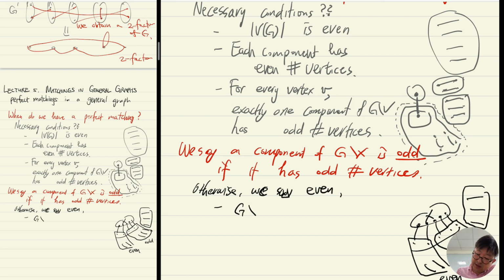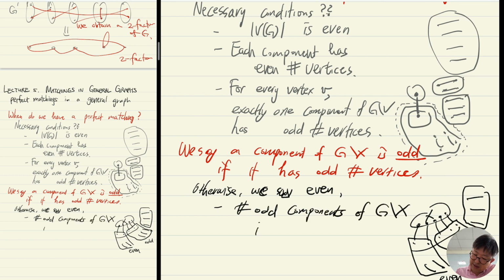Now, what we can observe is the following. The number of odd components of G delete X is at most the size of X, because you had these X many vertices that may screw the parity. All other components which do not contain any of these 5 vertices will have an even number of vertices.